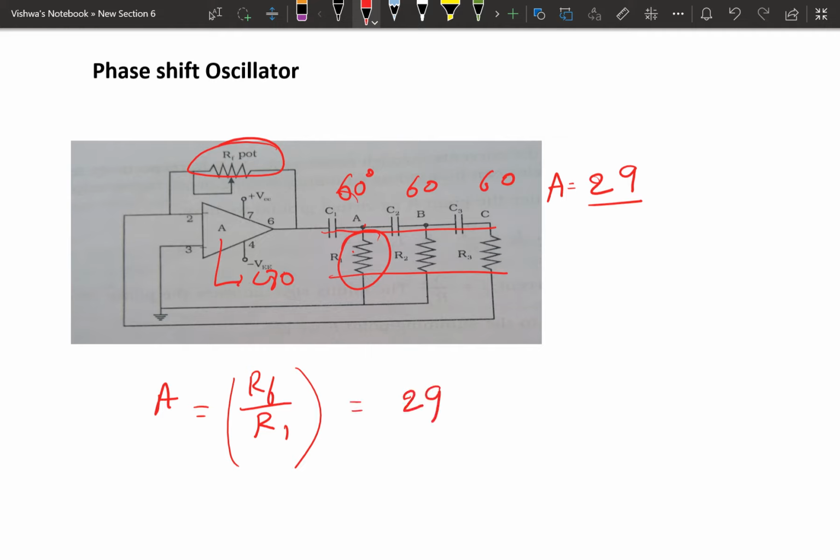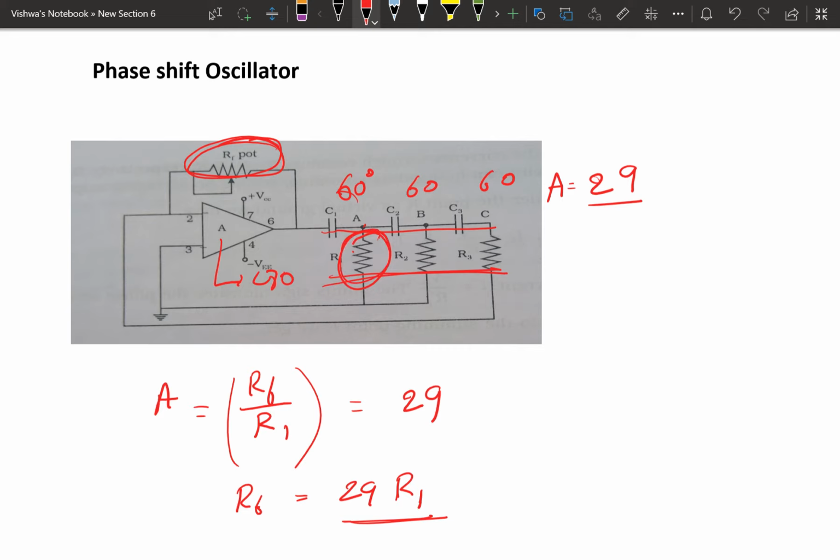Then we can achieve the 180 degree phase shift by these three networks, and a total of 360 or 0 degrees by the whole oscillator. For that, the feedback resistor value RF equals 29 into R1. That means the feedback resistor used in the amplifier is equal to 29 times the resistor used in the network.